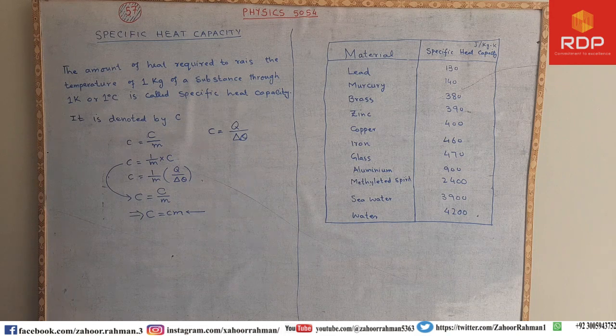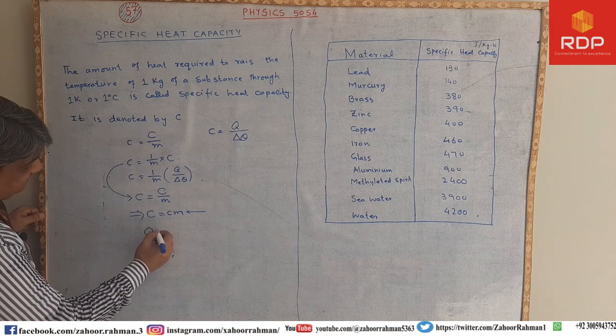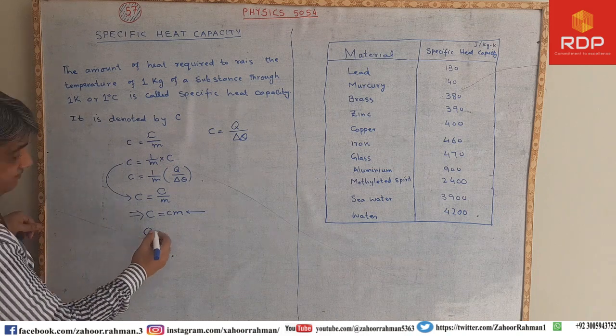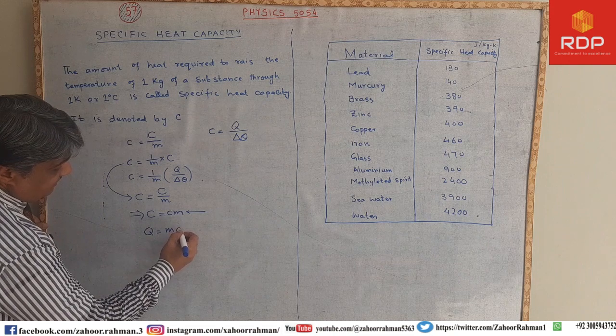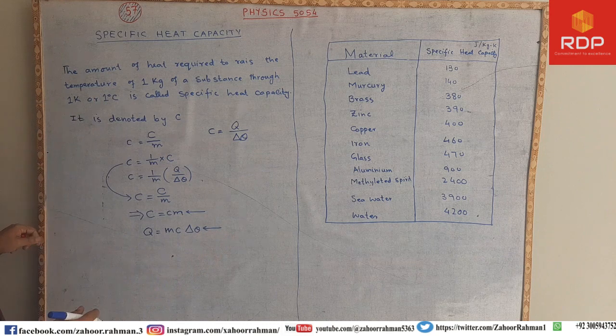Different questions are using different techniques in the question. So there is another form: Q is equal to m c delta theta. This type of mathematical expression can be used when we are starting the numerical problems on these topics.